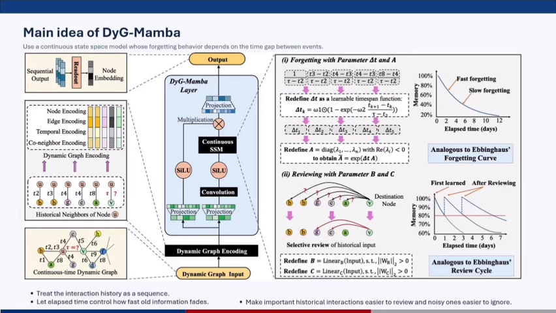As you can see here in the model architecture, there are four main layers: the input layer, then the embedding layer, which encodes the input graph, the DyG-Mamba layer, which is a continuous SSM layer, and then the decoder layer or output layer. We will explain each of the layers in the next slides.